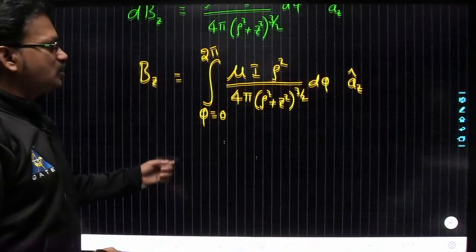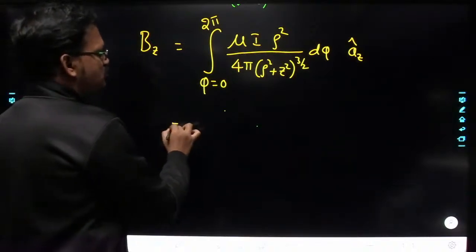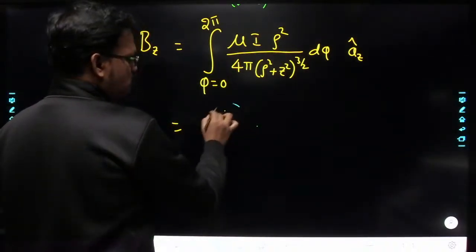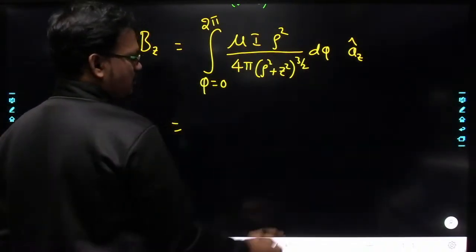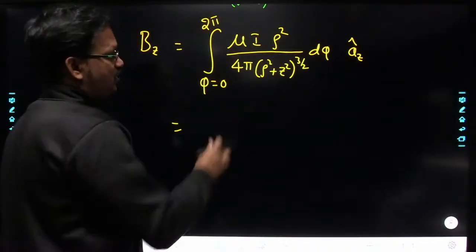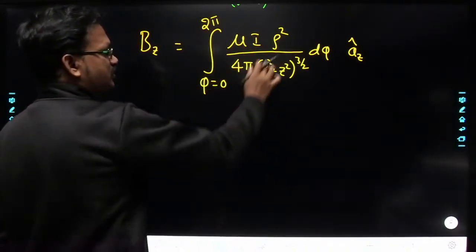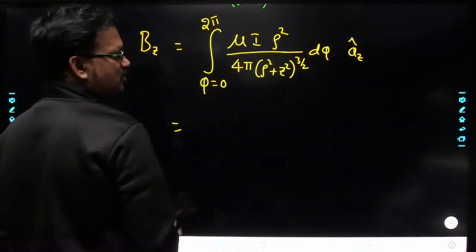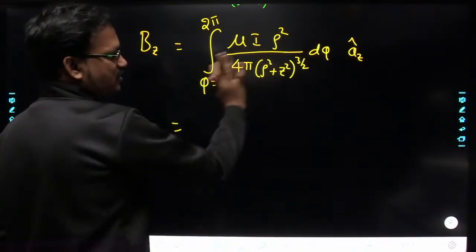So if you do this integration here, take all the constants outside the integration. Mu is constant, I is constant, rho is constant, 4 pi is constant, Z is also constant.